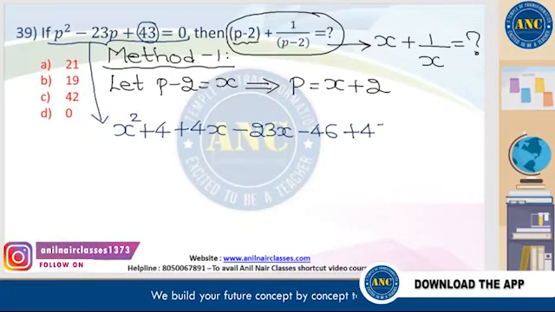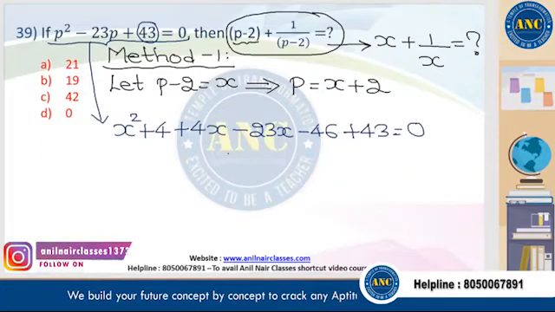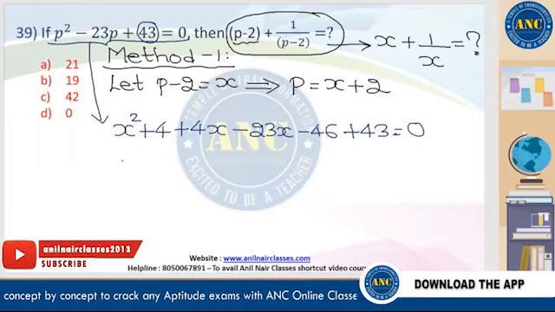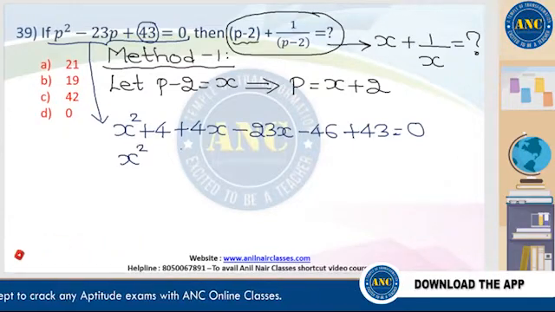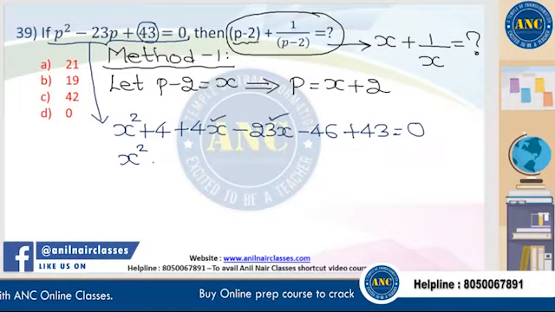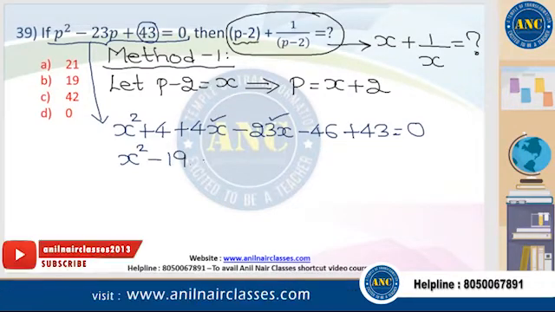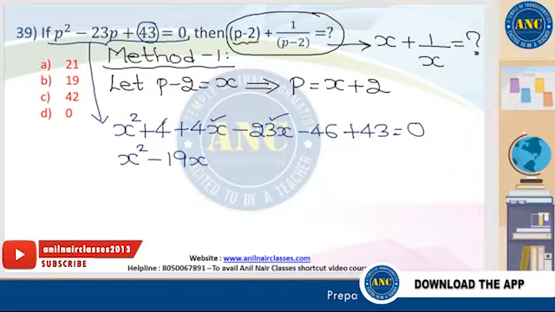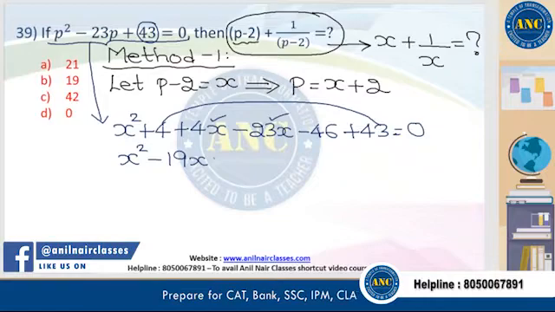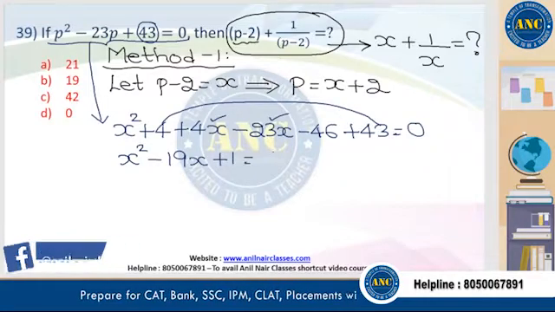Now if I simplify, this becomes x square, plus 4x minus 23x is minus 19x, and 4 plus 43 is 47. 47 minus 46 is plus 1, equal to 0.